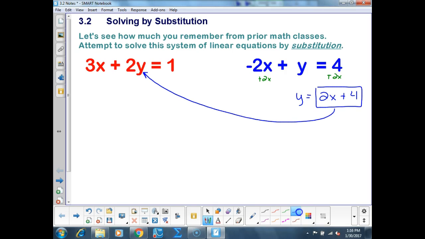I'm swapping out y for 2x plus 4. So then that would become 3x plus 2 times the quantity 2x plus 4, and that's going to equal 1. Now what?